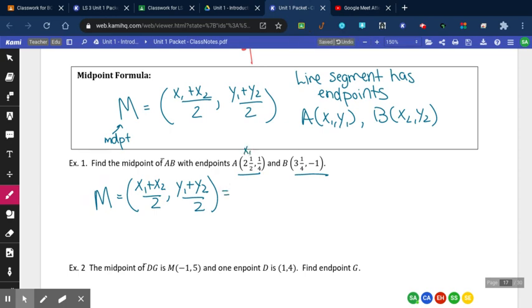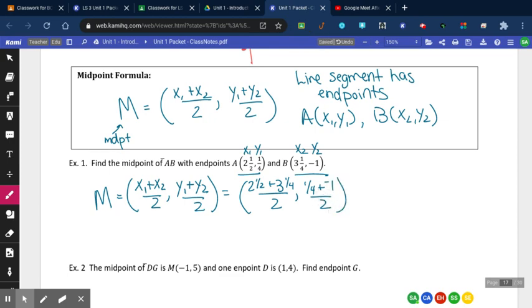My A would be x1, y1, and my B point would be x2, y2. Now I know there's gross fractions here, but I would have 2.5 plus 3.25 over 2, and then I would have 1/4 plus -1 over 2.